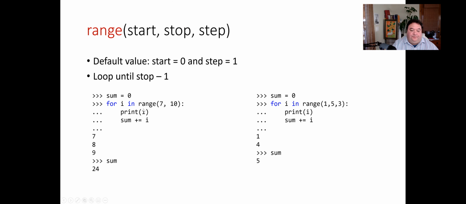You do i in the range from 7 to 10, and you go through every element. The stepping is 1, or you do 1 to 5, but then you step 3. So this executes just twice, 1 and 4, as you see. So there are all kinds of variations, but the for loops are very simple. And as you notice, the indentation says what instructions are inside of the loop.